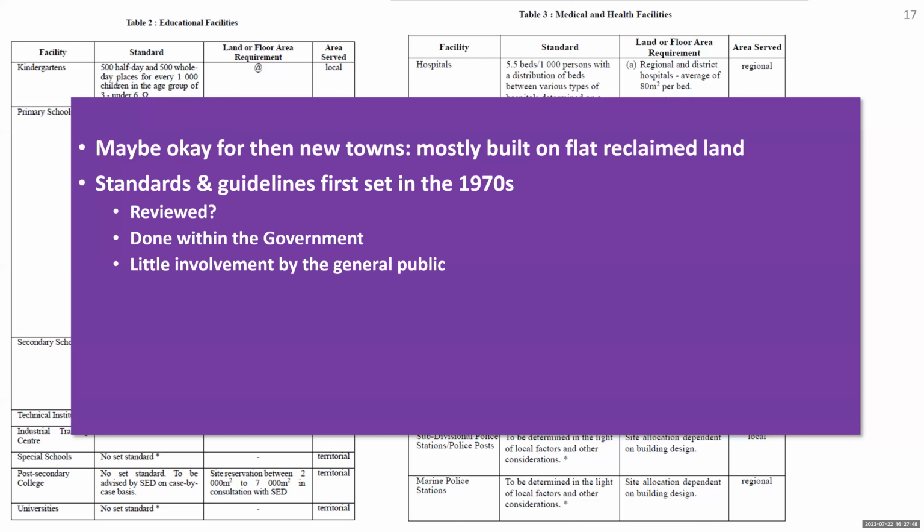But the problem, of course, is that these standards and guidelines were first set in the 70s. There's no regular review. Very often the review has to do with the initiation of policies or policy changes. It's also done within the government with very little involvement of the general public.